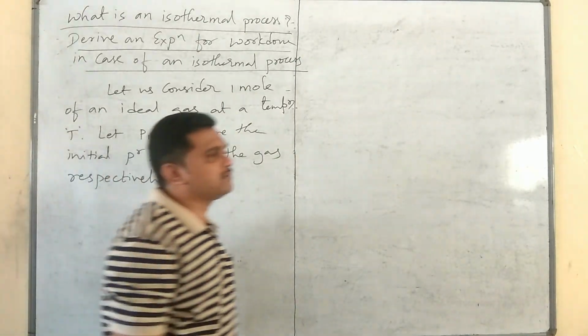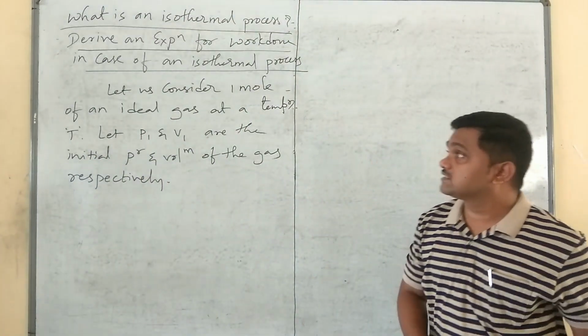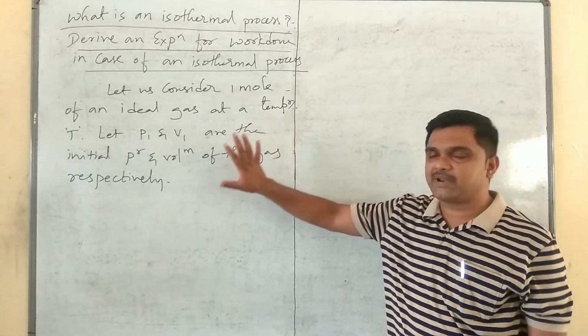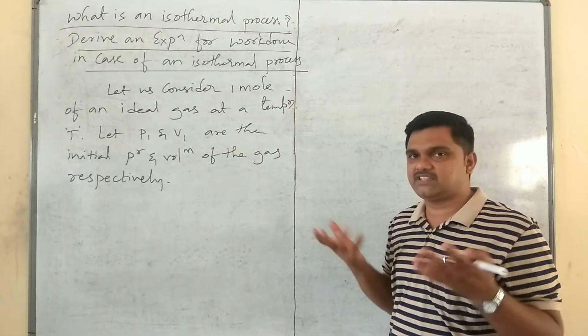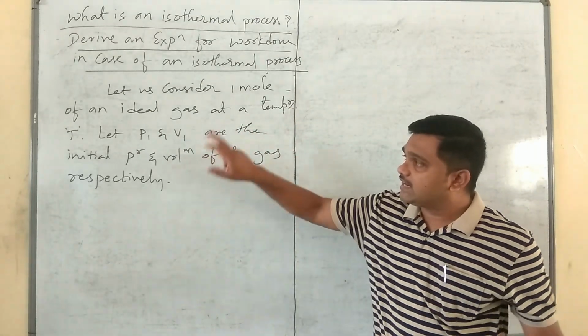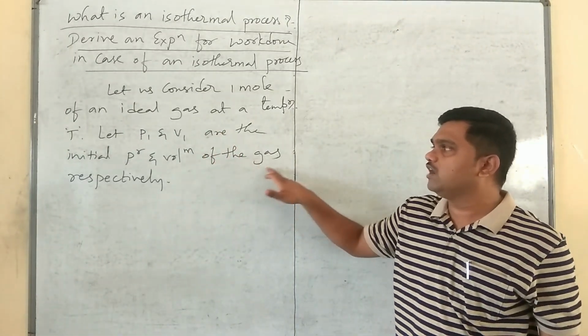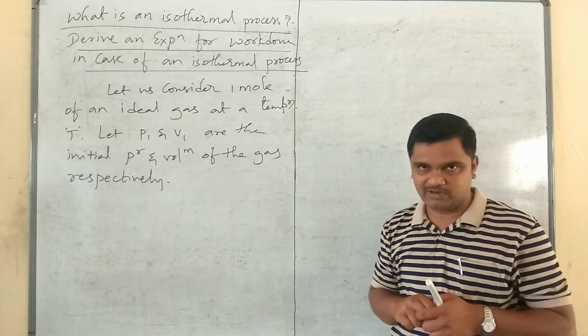These are the assumptions made by us. Let us consider one mole of an ideal gas at a temperature capital T, which is a constant temperature. Let P1 and V1 be the initial pressure and volume of the gas respectively.